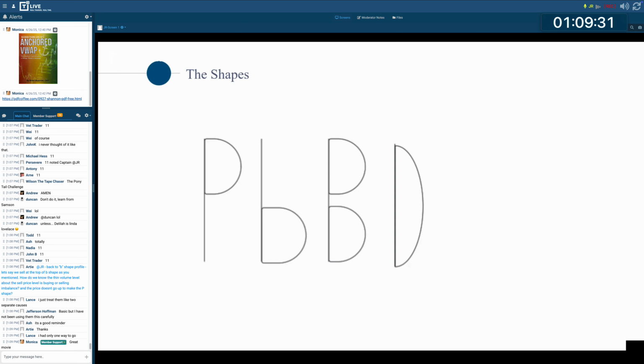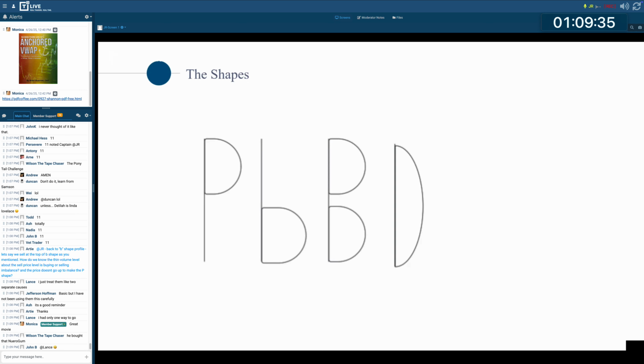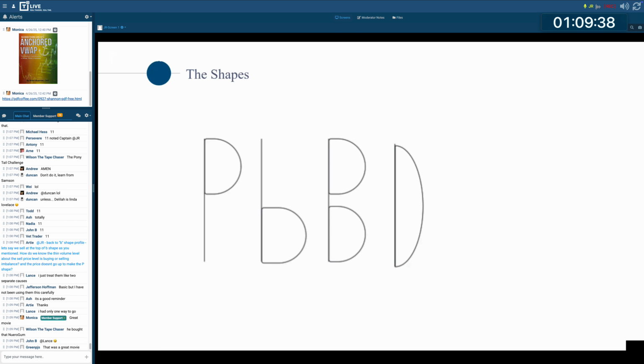So, guys, those are the basics. They're super simple. A trained monkey could follow them. The thing is, in the heat of the moment, you're bound to do a lot of silly things, including trying to fade the top of profile in a bull flag when you're clearly in a P-shaped profile. And sometimes it's not so easy to see, right?